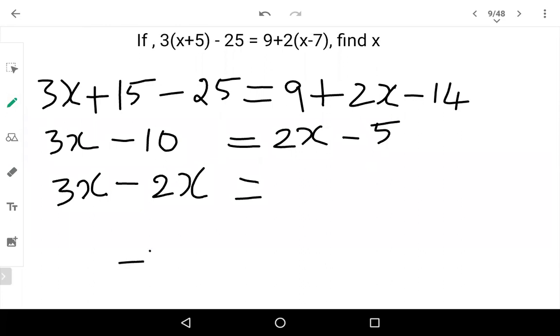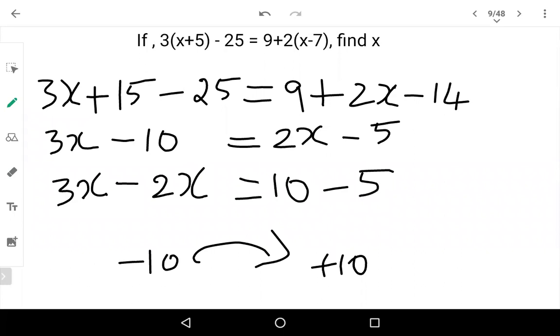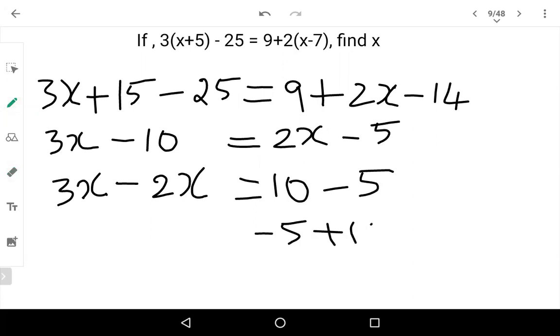So minus 10, if it comes to the other side, it's going to become plus 10. So 10 and then I will write minus 5. This is for our easy understanding. Suppose while you're writing, if at all you write minus 5 plus 10, this is also correct. There's no problem if you use this method also. Now next, 3x minus 2x is nothing but 1x is equal to 10 minus 5 is 5.